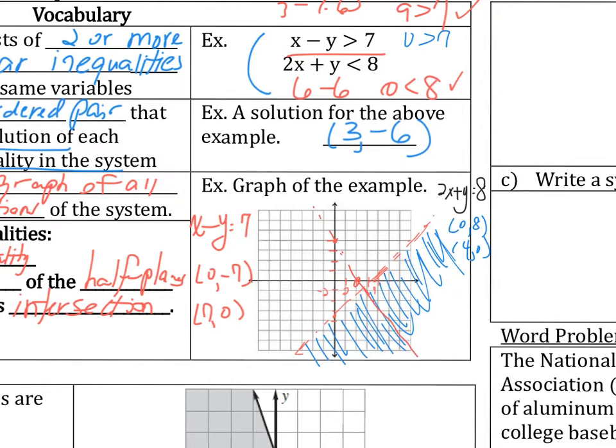It's also a dashed line because it's a less than sign. Okay, and then I need to shade. Let's see, 2 times 0 is 0 plus 0, and that's less than 8. So for this graph, we need to shade the side with (0, 0).